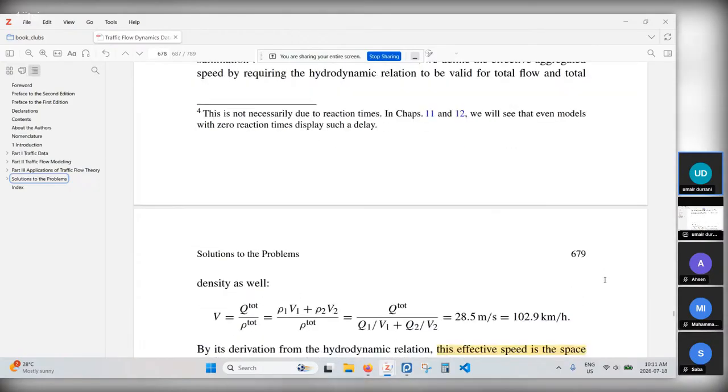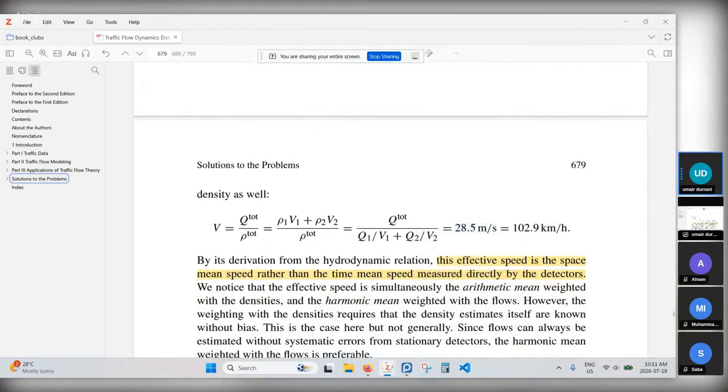Instead, we will depend on the hydrodynamic relationship, which uses Q total and rho total. So again, we use that formula, and this is what we get: 28.5 meters per second. Instead of taking all the speeds and averaging them, we use the hydrodynamic relation.